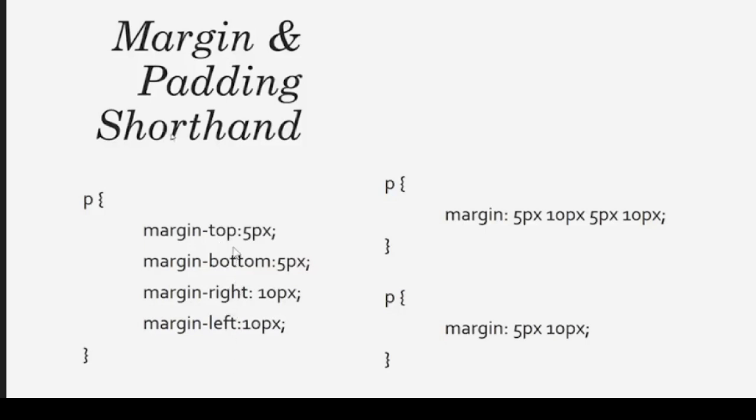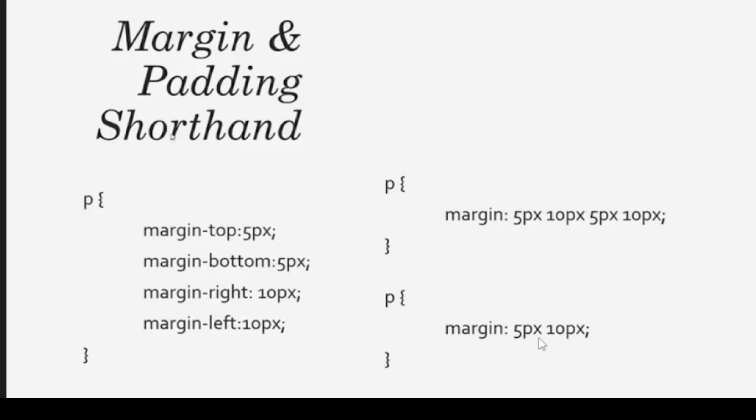So you can now say margin top should be 5 pixels, margin right should be 10 pixels, margin bottom should be 5 pixels again, then margin left should be 10 pixels. That is why I say TRBL. I just use that shortcut to remember it, which is top, right, bottom and left. You understand?